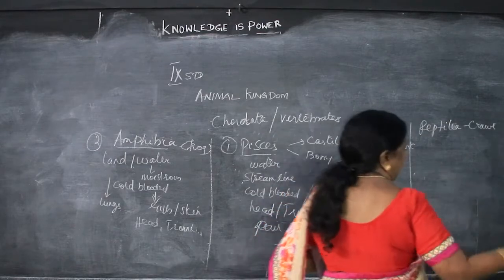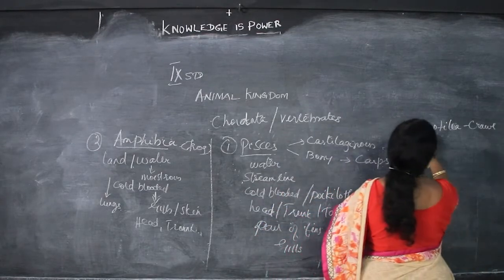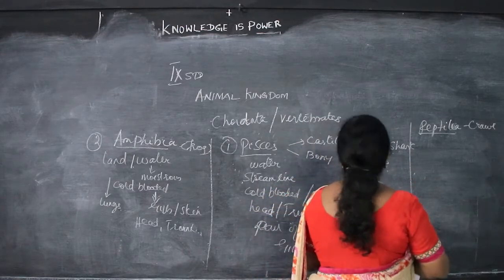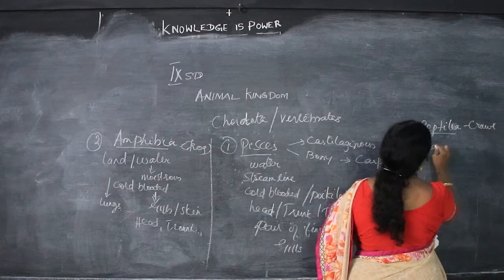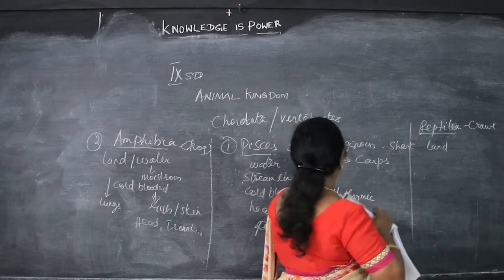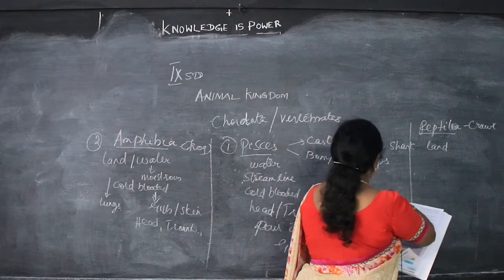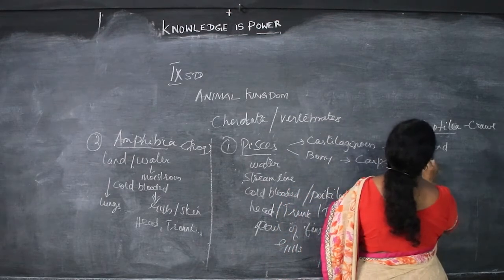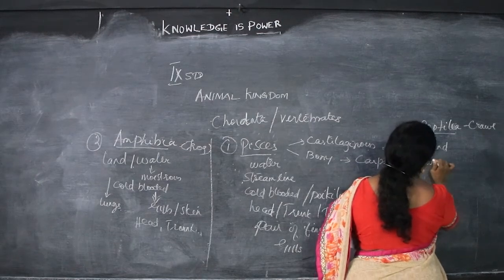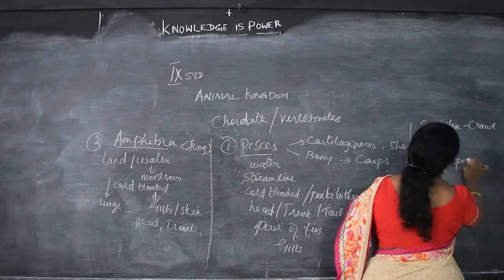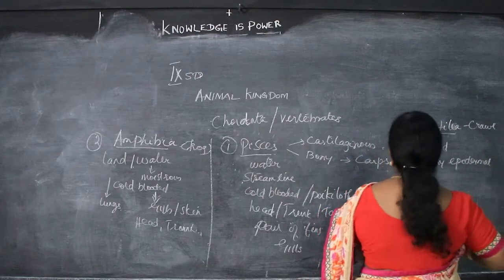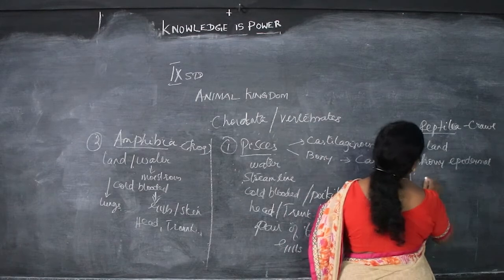So they cannot walk like us, as the locomotor organ is not proper, so they have to crawl. They live on land only. What is the habitat of reptilia? Land. The body is covered by epidermal scales. Respiration is through lungs.